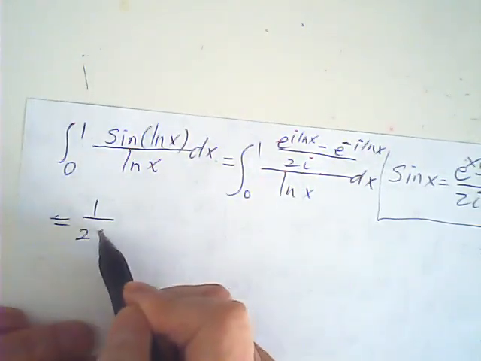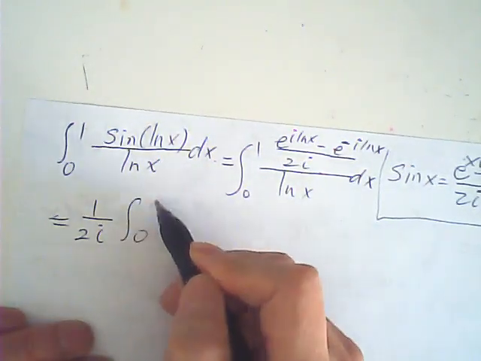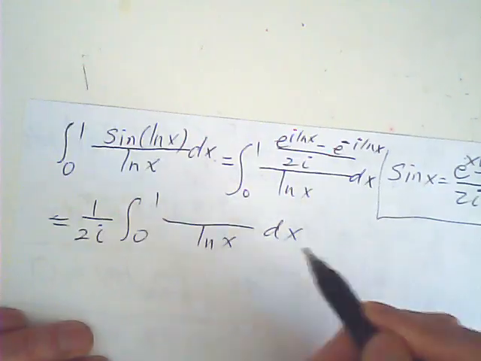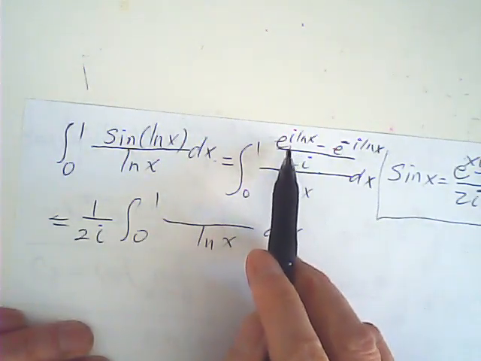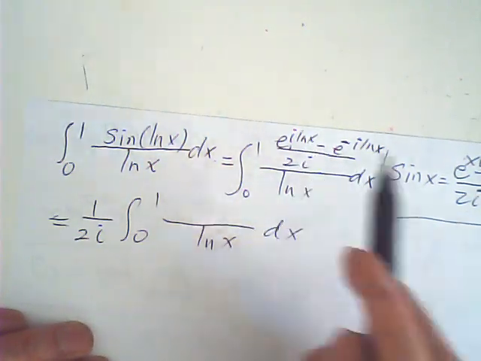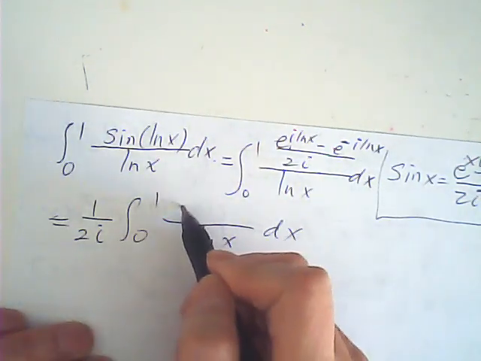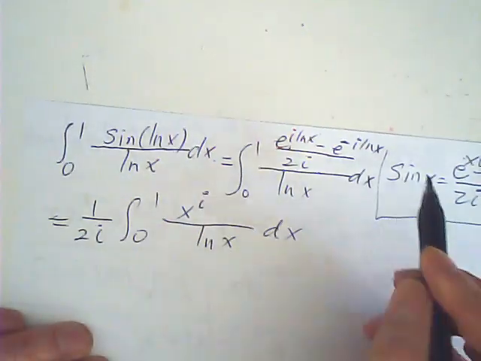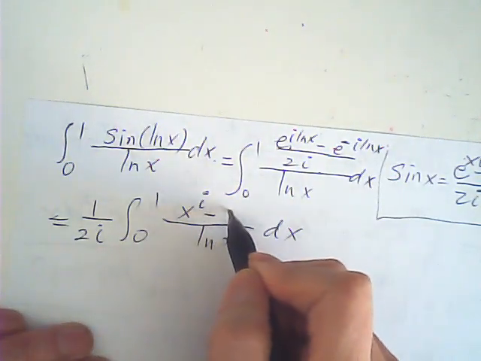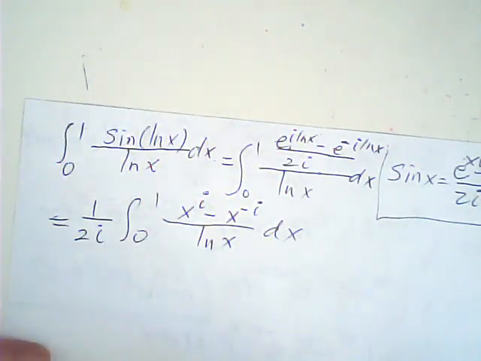Taking out the 2i, the integral of e to the log x to the power of i, which is x to the i, minus x to the negative i.